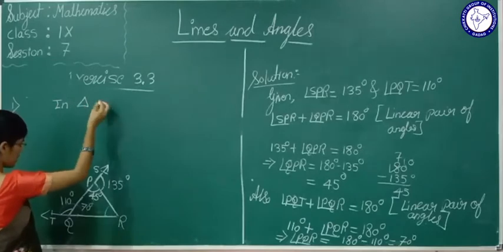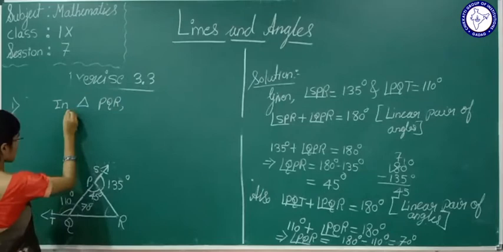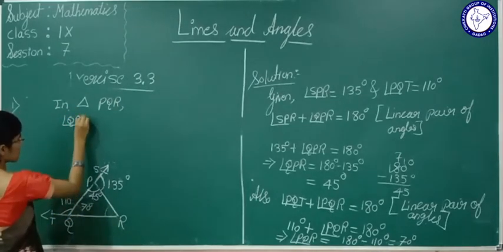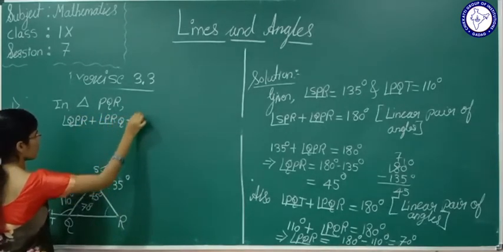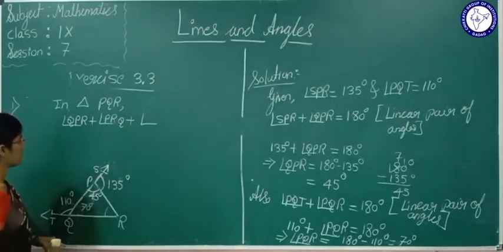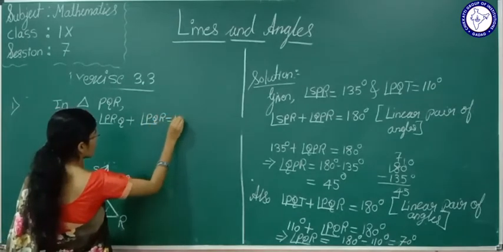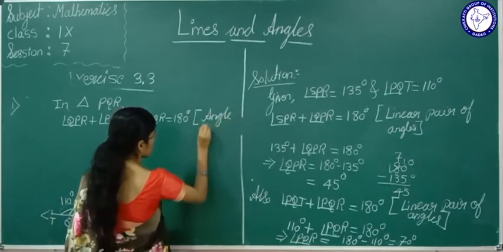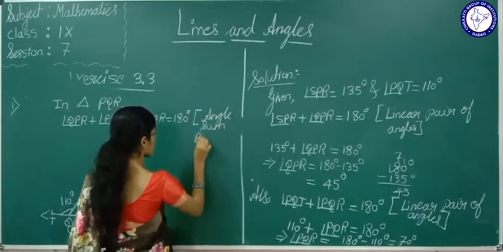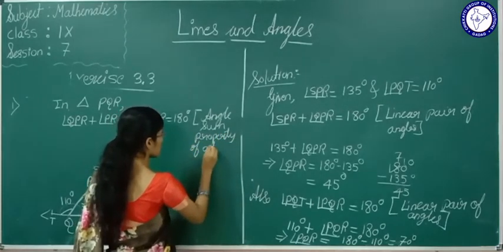In triangle PQR, okay, angle QPR plus angle PRQ plus angle PQR is equal to 180 degree. What is the reason? Angle sum property of a triangle.